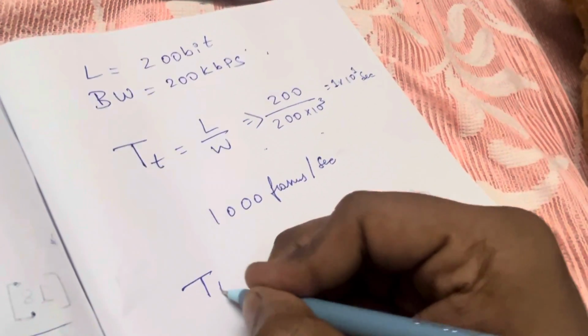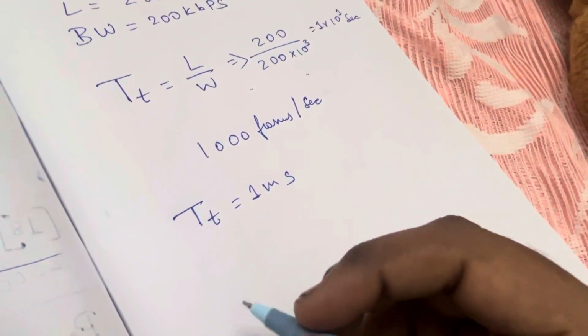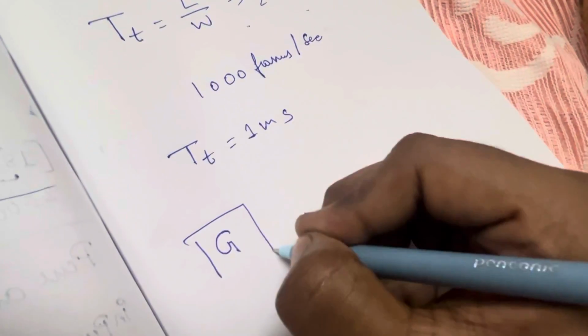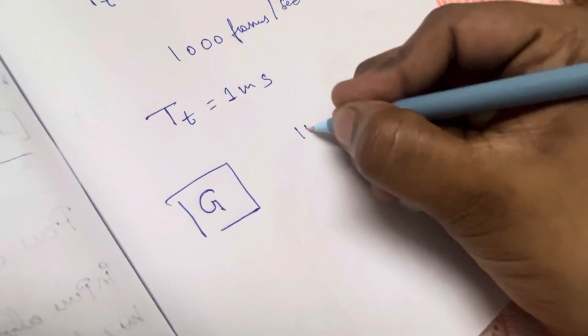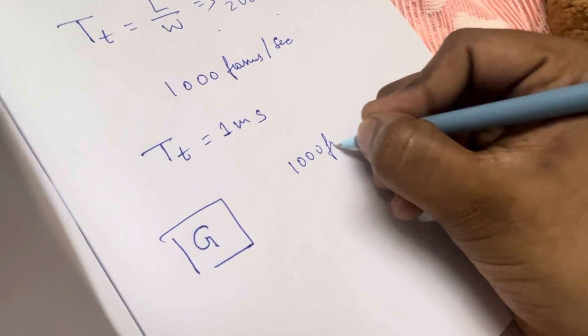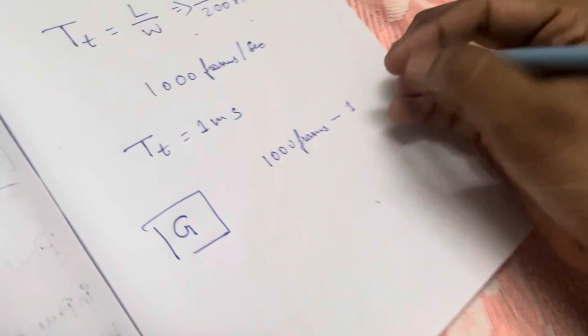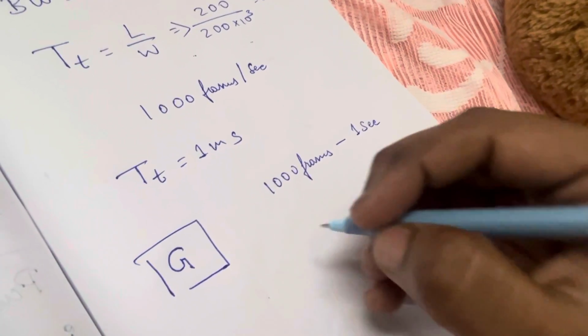So capital T, small t is given as 1 ms. Now, while explaining how to find G, this is very, very important, so I want your concentration here. 1000 frames equals 1 second, so 1000 frames take 1 second for the refresh rate.